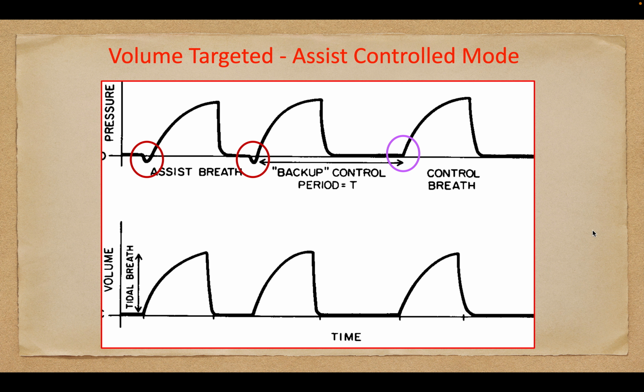So in any patient you have put on volume targeted assist control mode, you can see a few breaths which are fully controlled without negative deflection, whereas you could see a few breaths with negative deflection, and that is nothing but the assist control. As you could see, volume is static, or the same, because it is volume targeted ventilation.